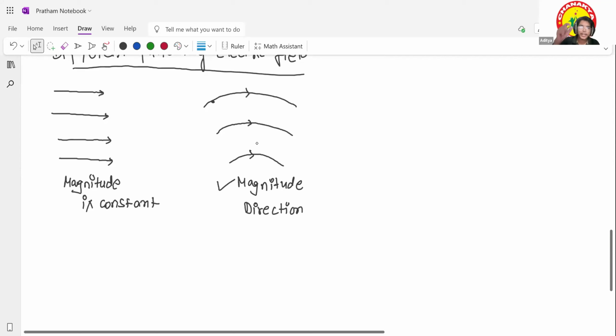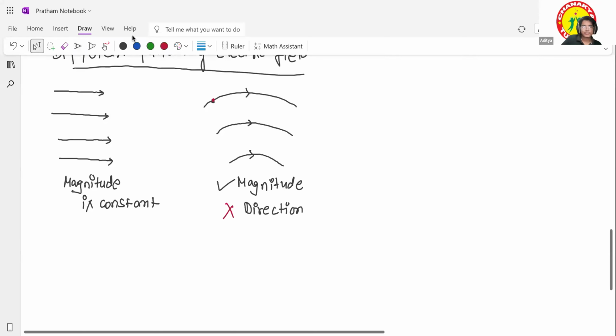All of them might be due to a single charge itself, right? It's not the case that this is coming due to some other charge. So if I make a tangent at this point, what is the direction? If I make a tangent at this point, what is the direction? Like this. Yes, the direction is varying.